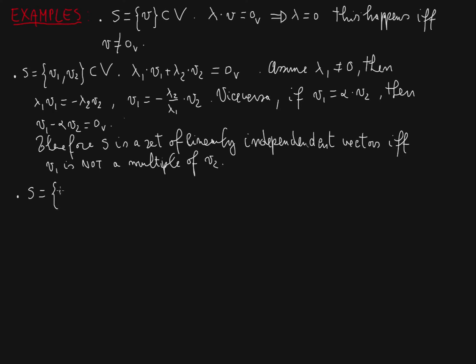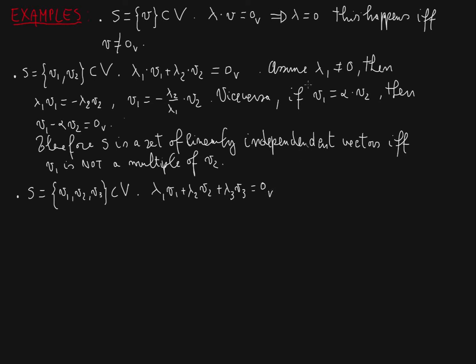Let's see then, so v1, v2, and v3 in a vector space V. Then what does a linear combination look like? It's going to be something like lambda 1 v1 plus lambda 2 v2 plus lambda 3 v3 equals 0.